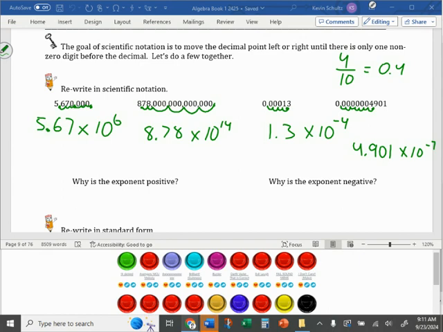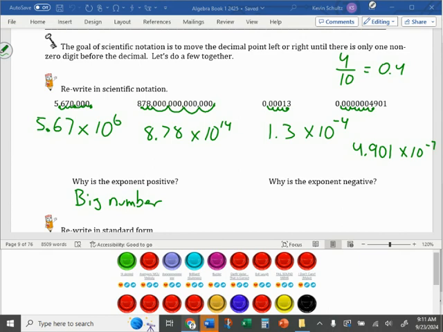Why is the exponent positive in these two here? What does a positive exponent tell you? Grace? It's not a decimal. It's a big number. When the power is positive, it means the number started out big.